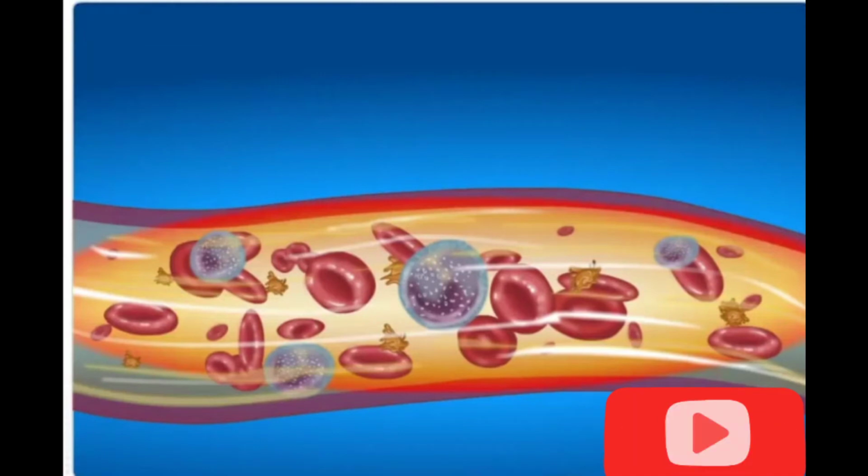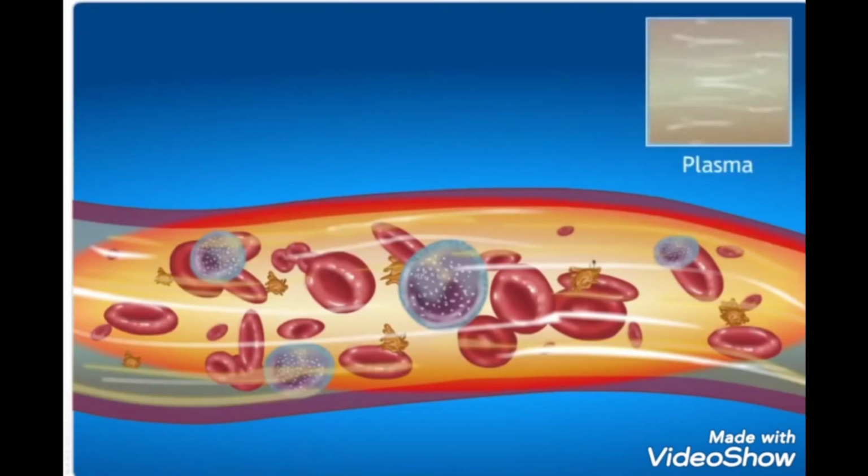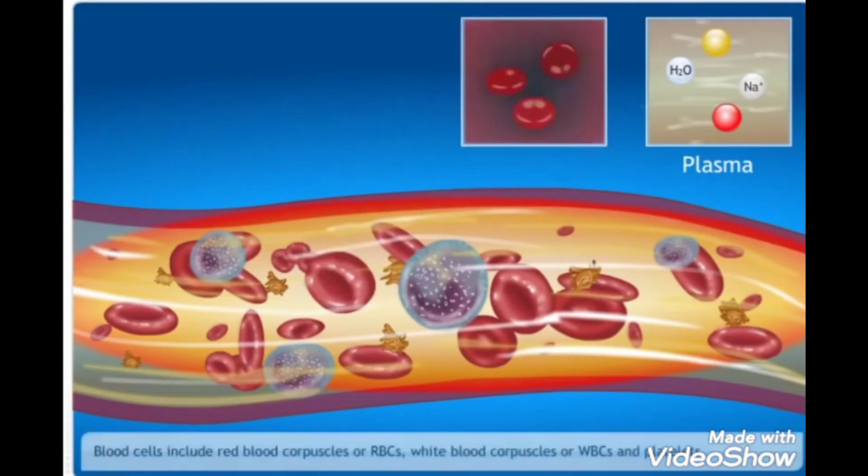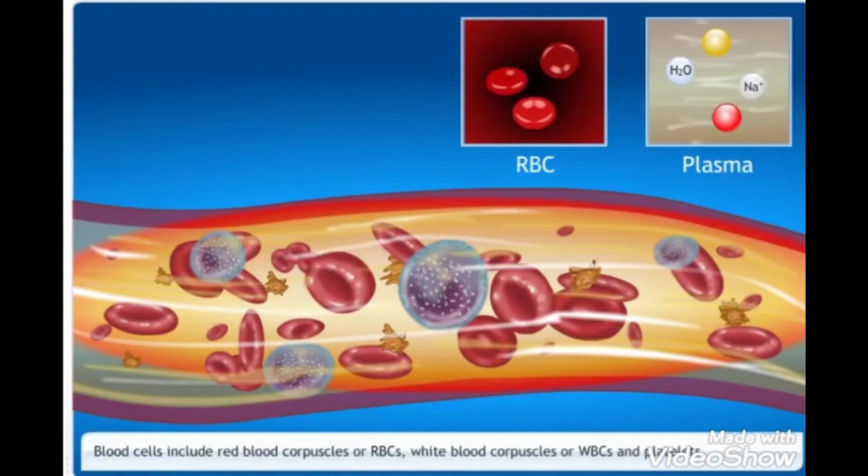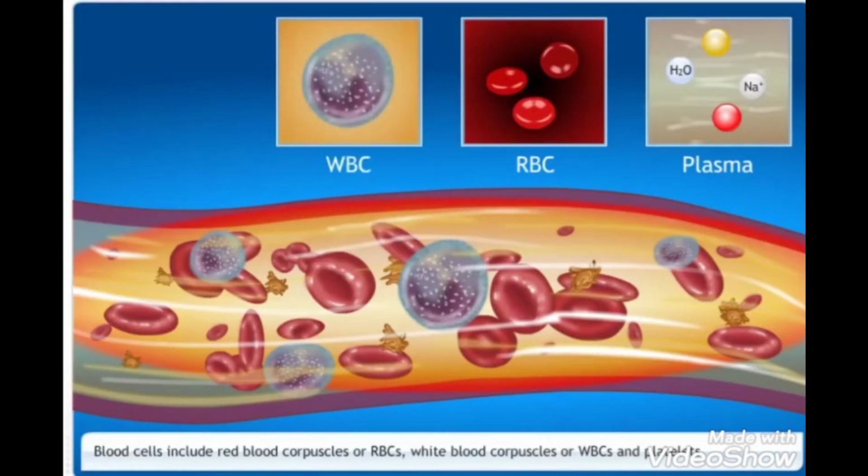Blood is a type of fluid connective tissue. Blood has a straw-colored liquid part called plasma, which contains water, proteins, salts, and hormones. Blood cells suspended in the plasma include red blood cells or RBCs, white blood cells or WBCs, and platelets.